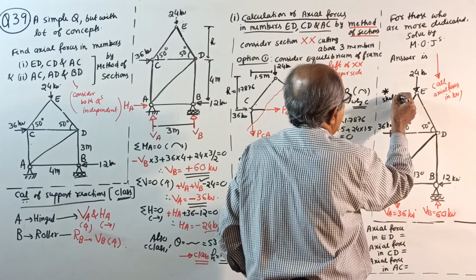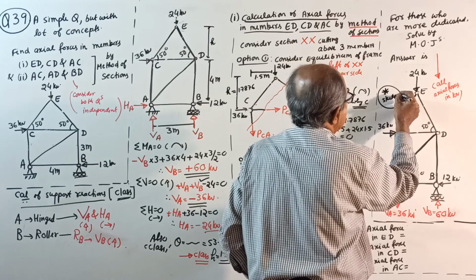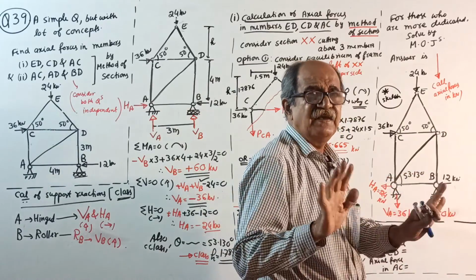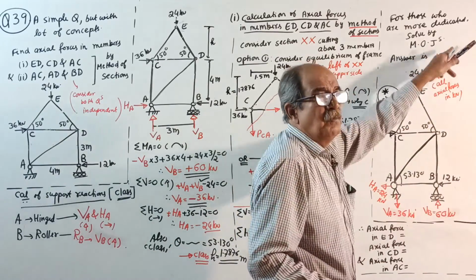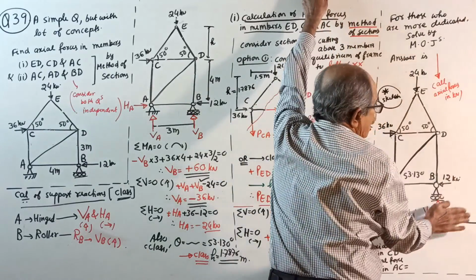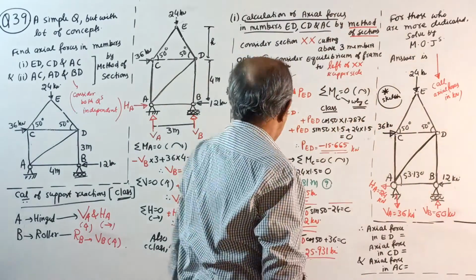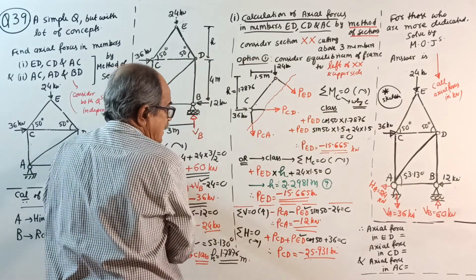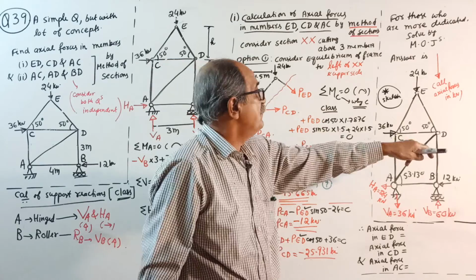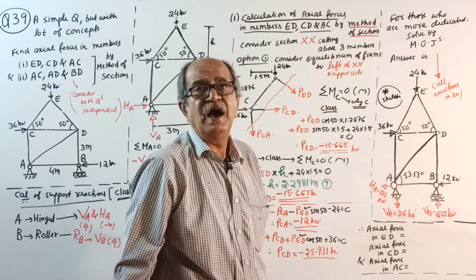So I will enter the answer here as an exercise, or more grip you can get. So this portion you do not see. But one more thing: as we solve here and get the answer, we can check the answer, because for method of joint I am giving the answer for you.